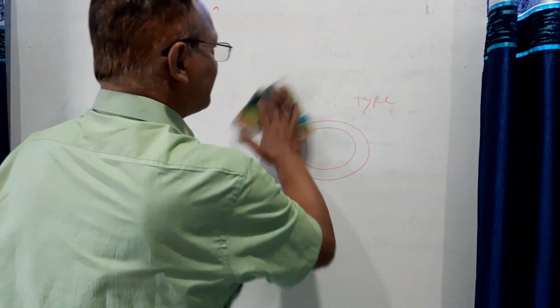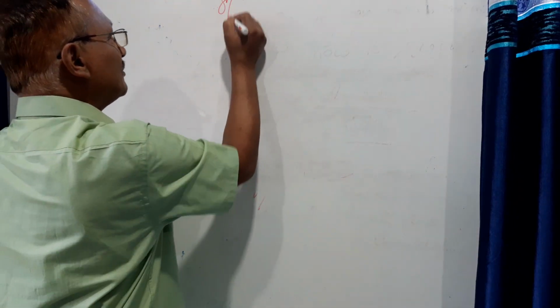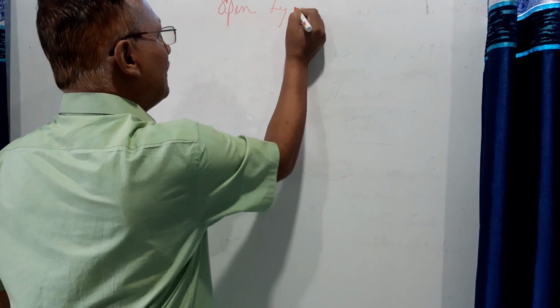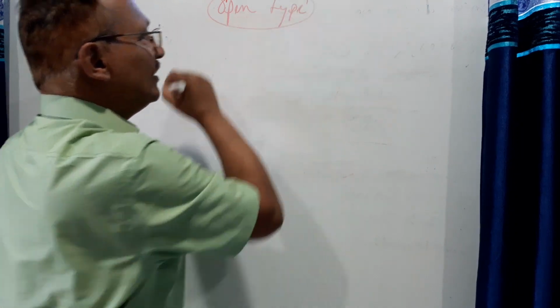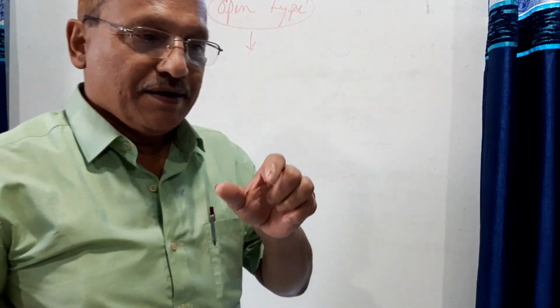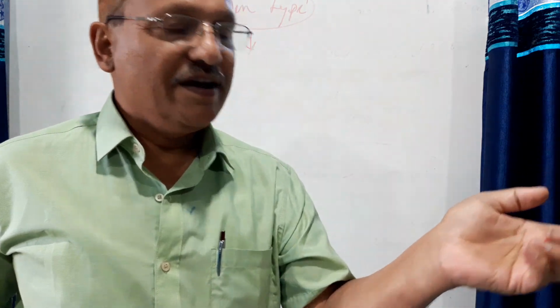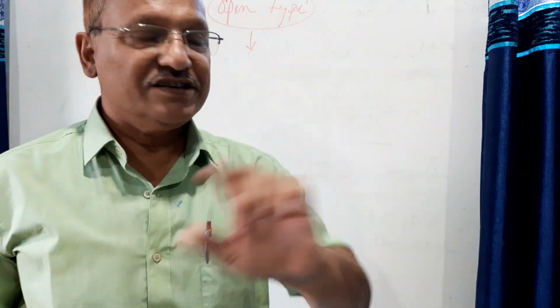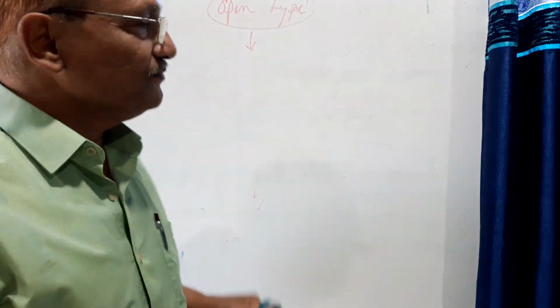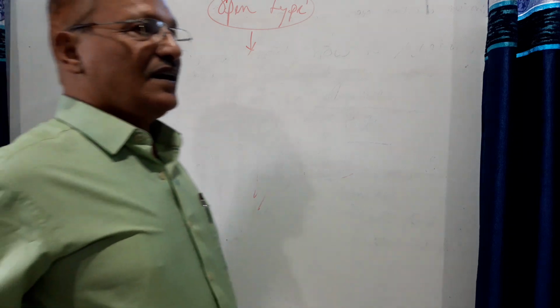So you see, in case of insects, circulation is open type circulation. Open type circulation means a part of the circulation is conveyed in a definite tubular system, and another part of the circulation is open.